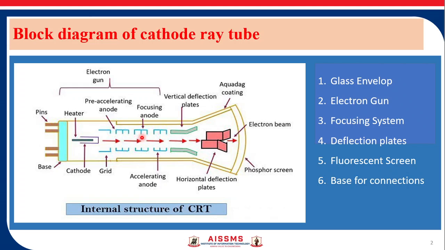Diverged electron beams are converged in this system. After focusing system, the electron beam passes through an accelerating anode where it is again highly accelerated. The highly focused beam moves towards vertical and horizontal deflection plates, after which it reaches the fluorescent screen.